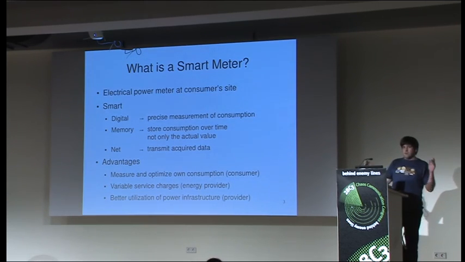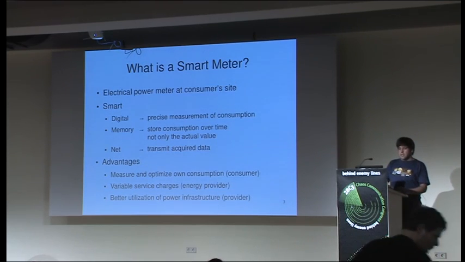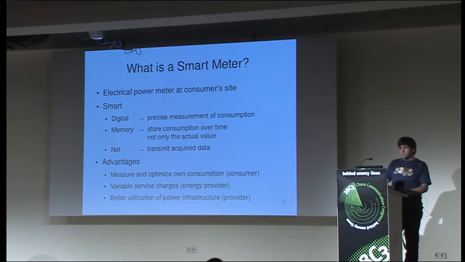So you don't have only one value that you can read at the end of the year. You can see the power consumption during the whole time. And the other thing which makes it smart is it has a network connection. So it can transmit the acquired data. You don't have to go down to the cellar. You can read it out remotely.